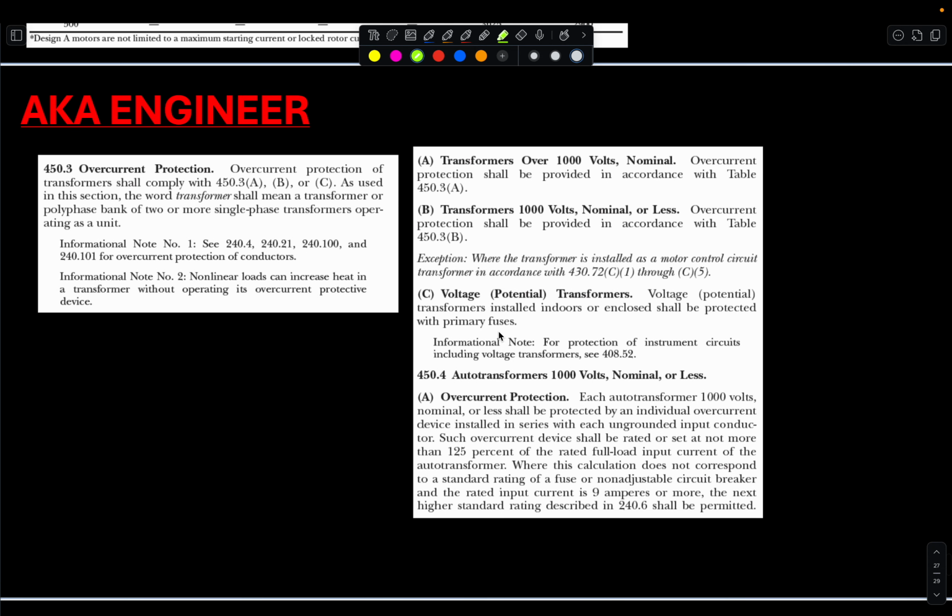All right, in this section, 450.3 overcurrent protection, very important section in regard to a separate device, I believe. So let's take a look. I think this is actually, so I take that back.